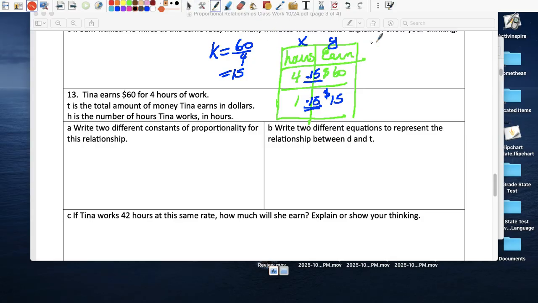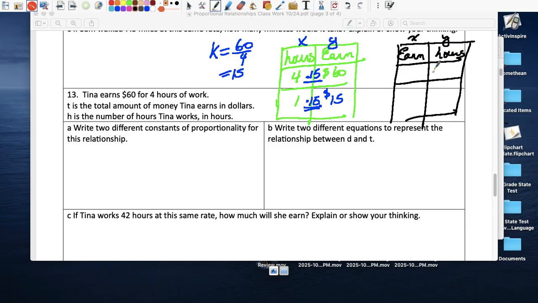Okay, so that's when you have hours as your X and Y is your dollars. What if I switch them? If I switch them and make the X the money that you earn and the Y the hours. Well, think about it. Now it says that I earned 60 bucks in how many hours? 4 hours.